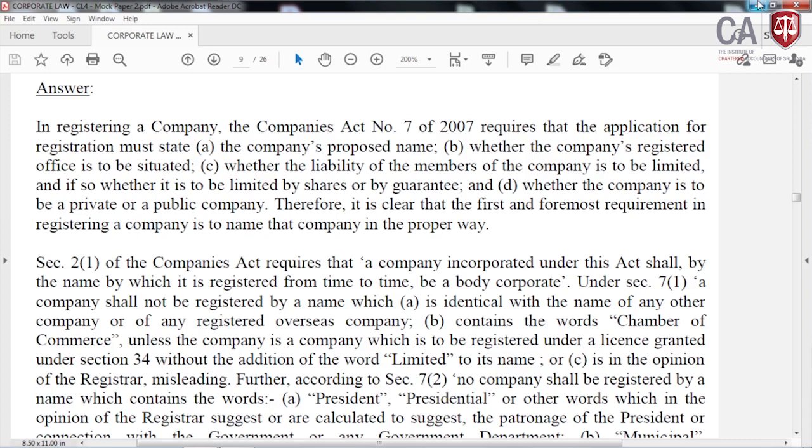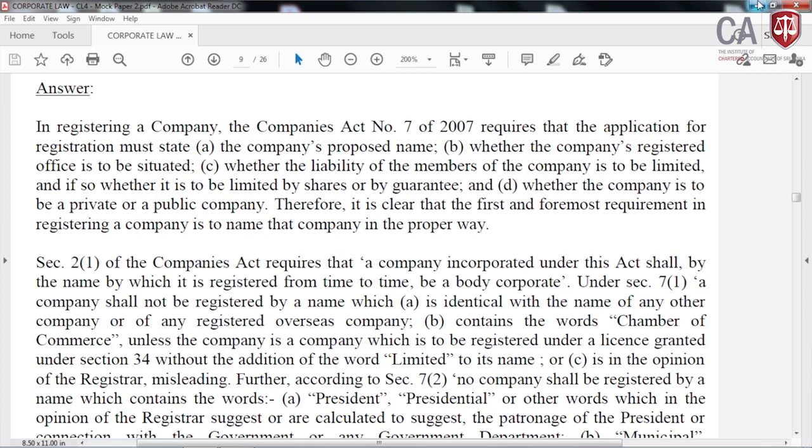Then also you must state where the company's registered office is to be situated, the address, because the registered office address is a very important thing. That is where the company is going to rest officially and legally.